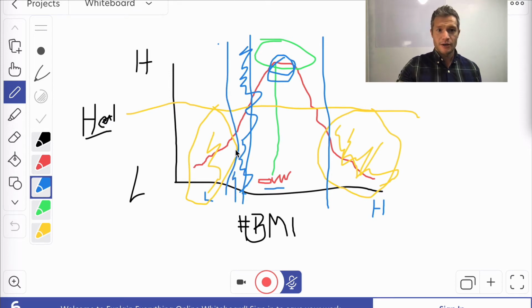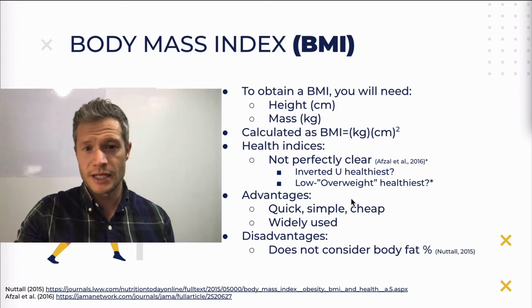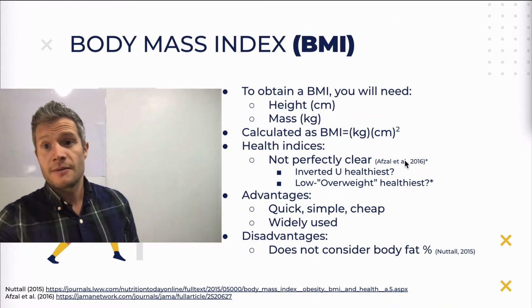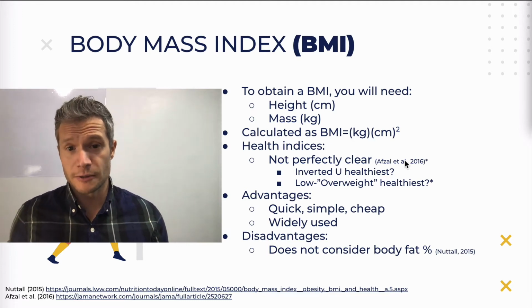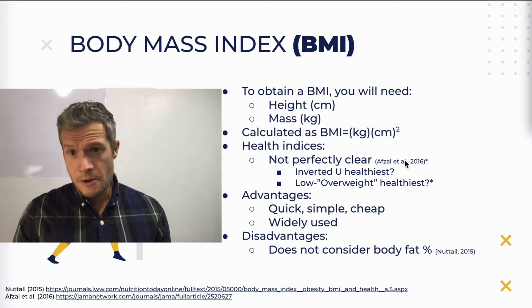So even being in our category of BMI of normal healthy weight isn't even as good as being slightly overweight. That was a thought for quite a while with your BMI. However, again, getting back to this slide, they're finding that's not the case. So BMI is being less of a helpful predictor in figuring out these health indices.